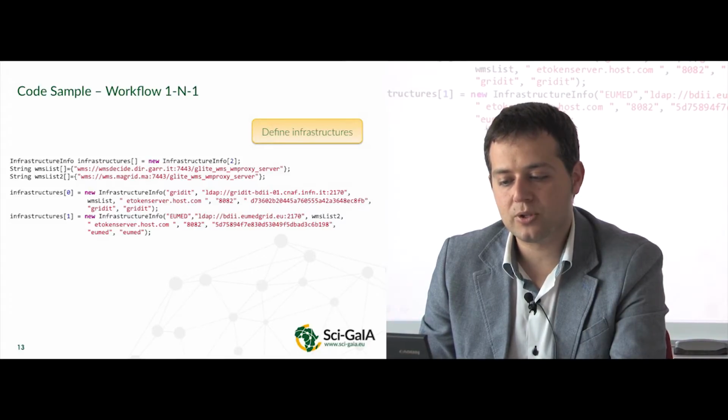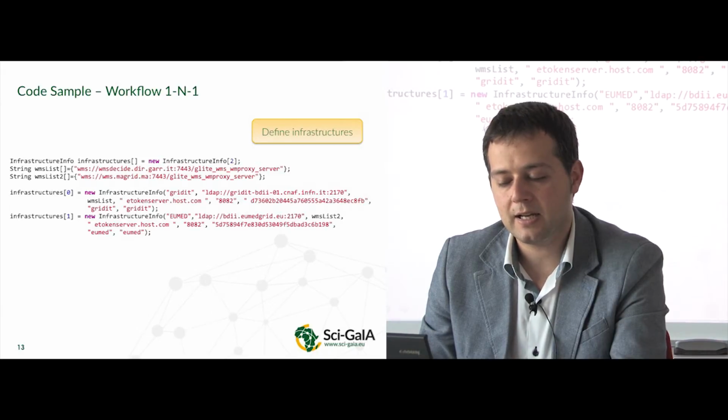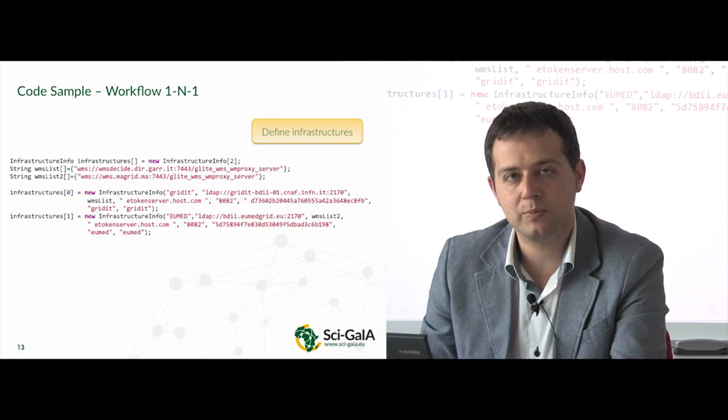In this case, the resource manager is embedded in the InfrastructureInfo object. The InfrastructureInfo object stores all the information that specifies the distributed computing infrastructure where your jobs will be performed.